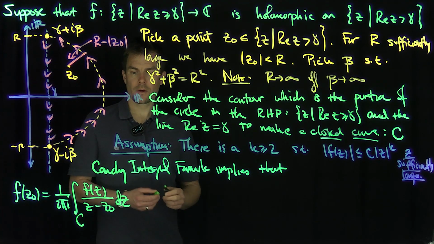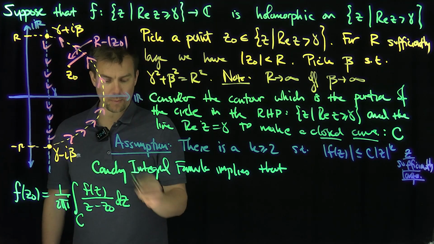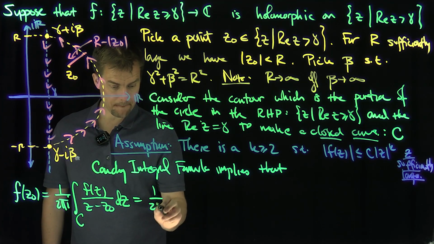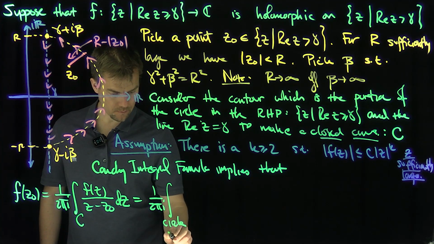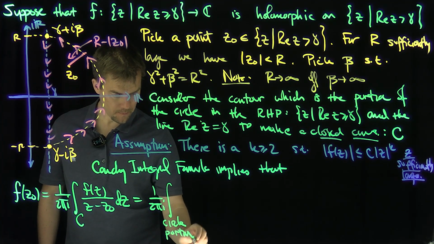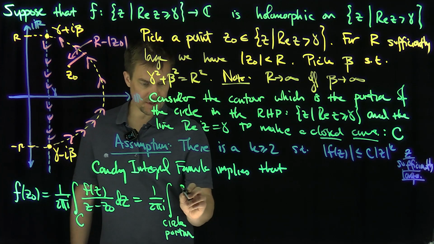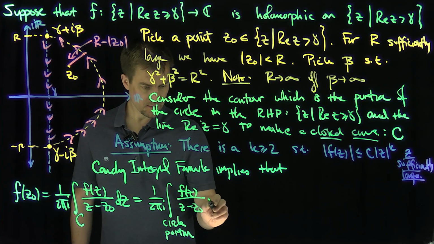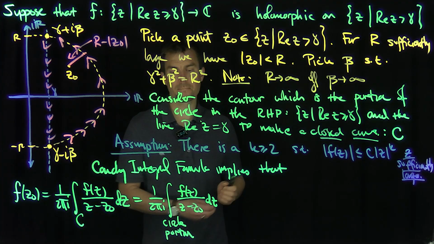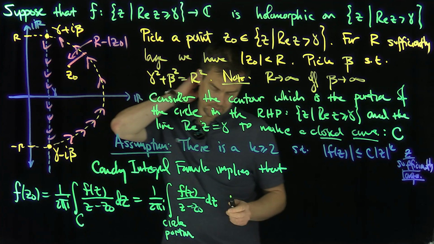And so that's going to be 1 over 2 pi I times the integral over the circle portion of f of z over z minus z0 dz, like that. Okay, excellent.